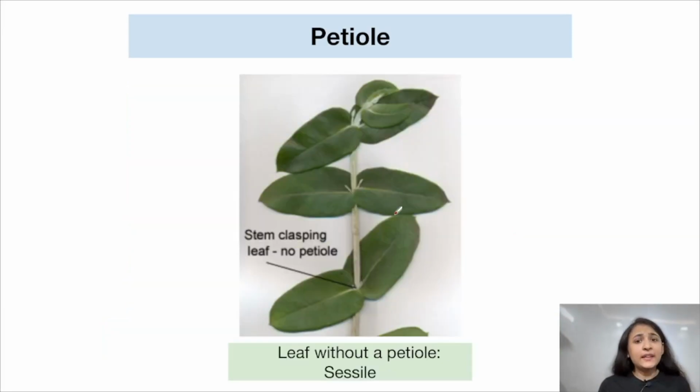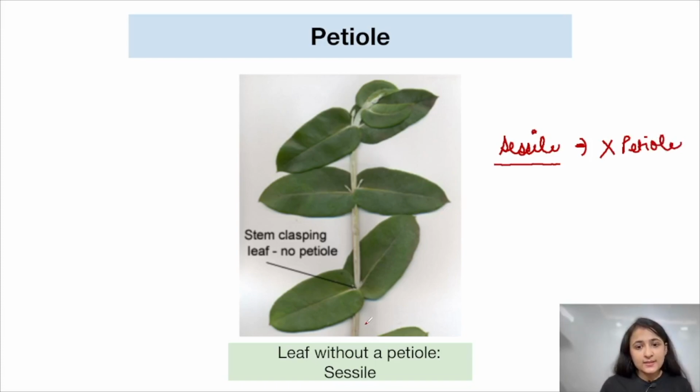Now there are some leaves where petioles are absent altogether. Such leaves are known as sessile leaves. Sessile leaves are those which lack a petiole. So no petiole means sessile leaves. See, this is the stem. These are the leaves lacking a petiole.